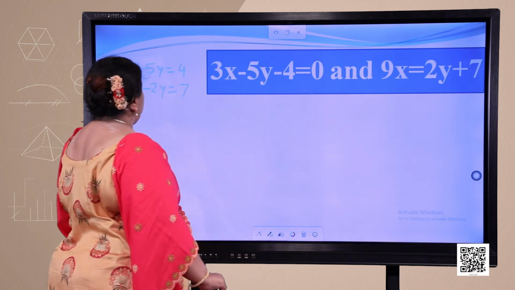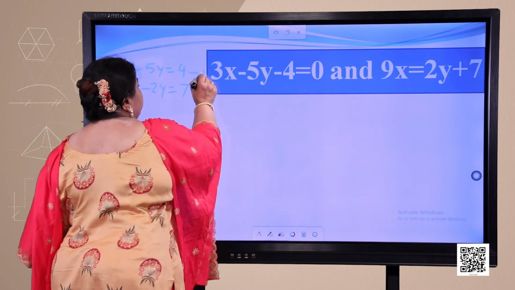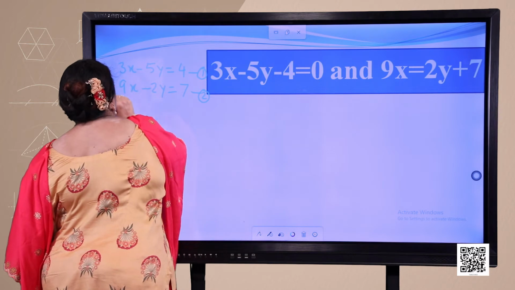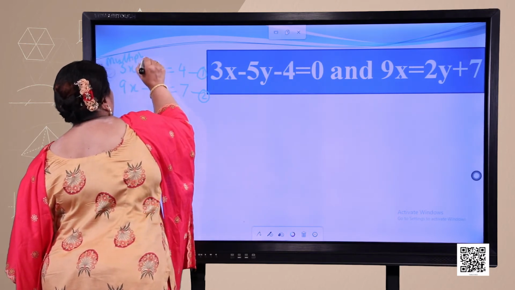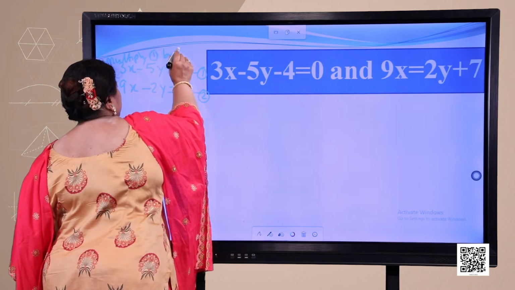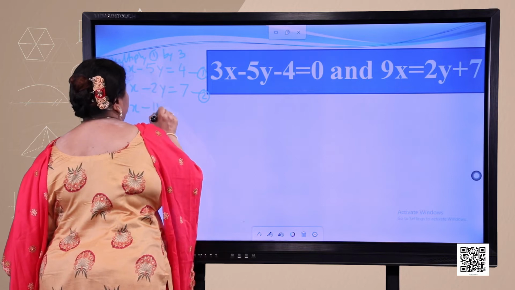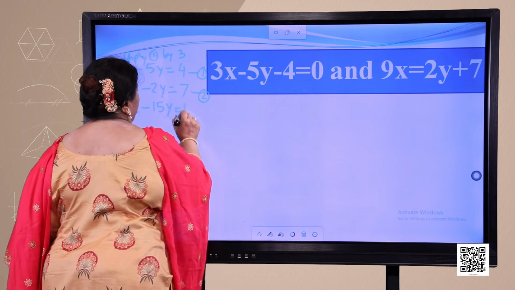Just observe, if I multiply first equation by 3, I will get the coefficients of x to be equal. So, if I multiply first equation by 3, I get 9x minus 15y is equal to 12, since 3 5s are 15 and 3 4s are 12.